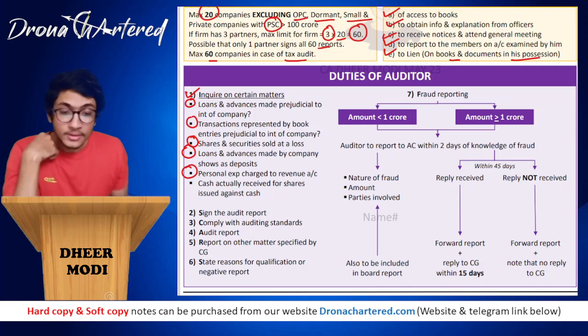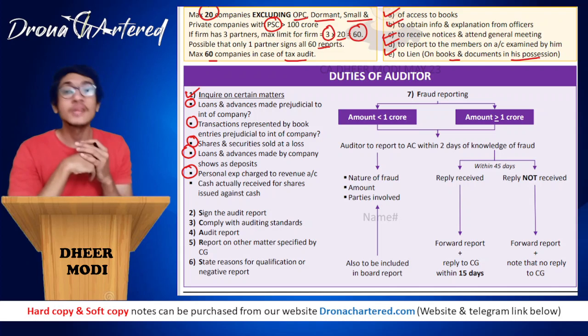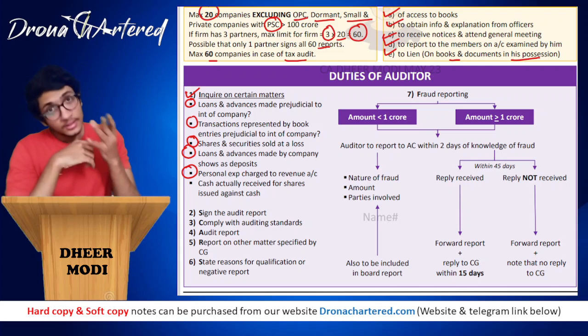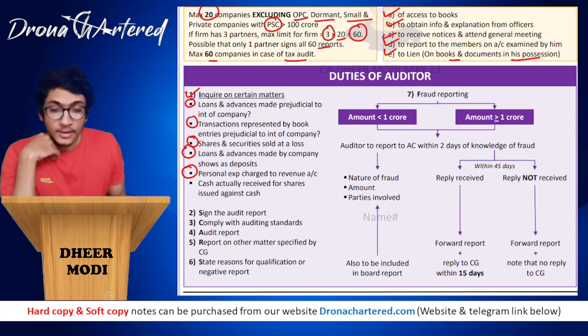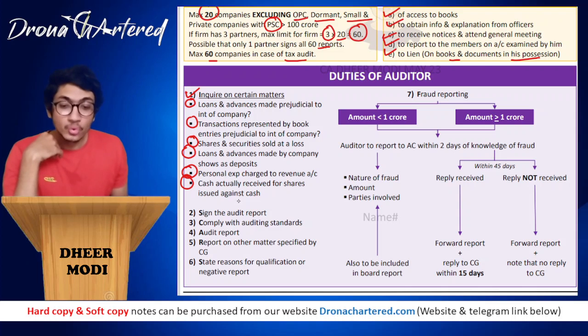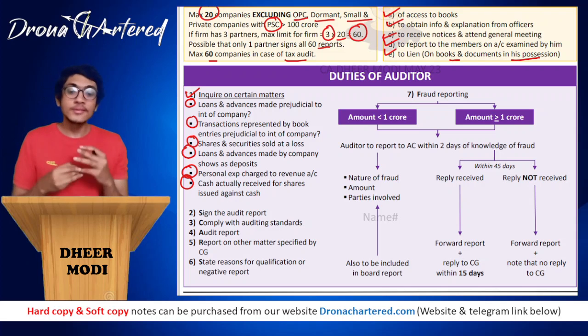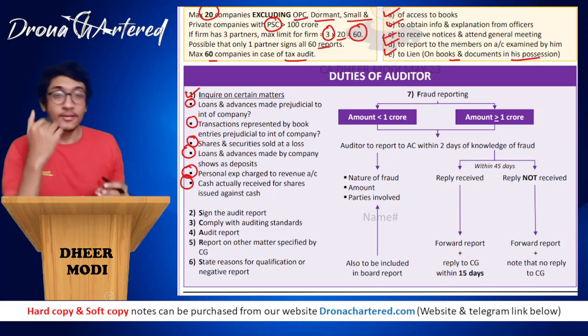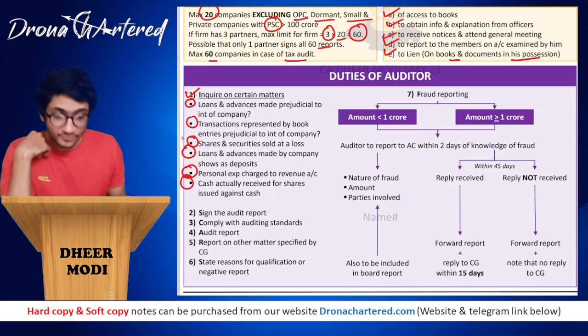Any personal expenses charged to revenue account: if any personal expense of any person has been charged to the revenue account of the company, that means we are showing it as expense of the company, of course, that should be inquired. And next is cash actually received for shares issued against cash, whether we have actually received the cash against shares that have been issued against cash or not.